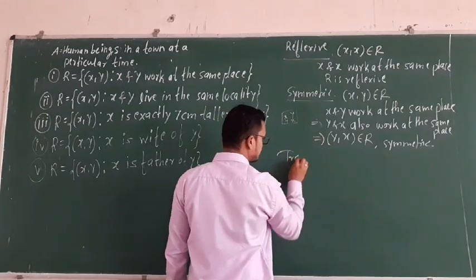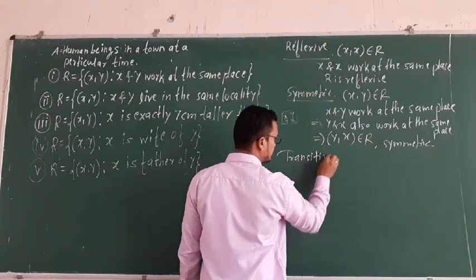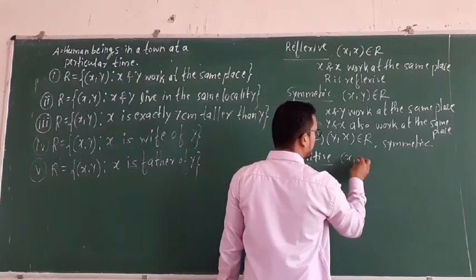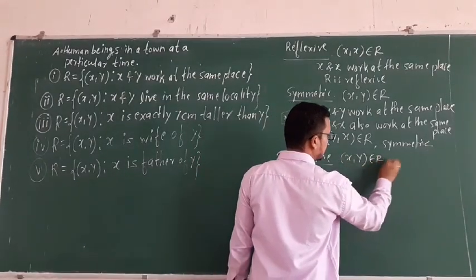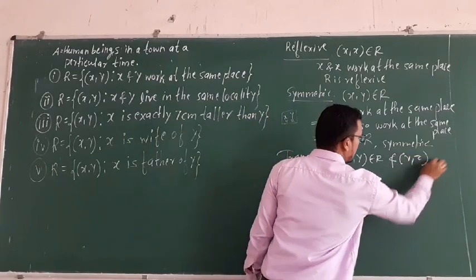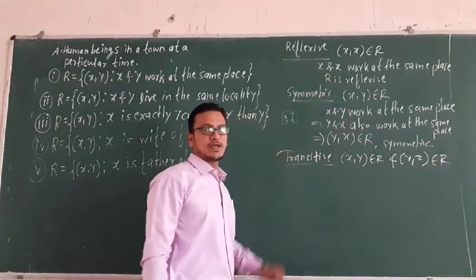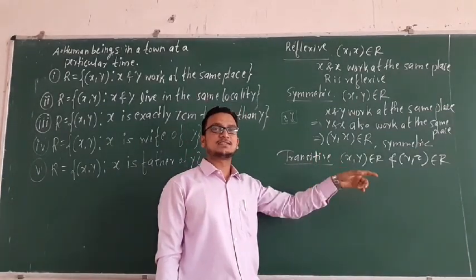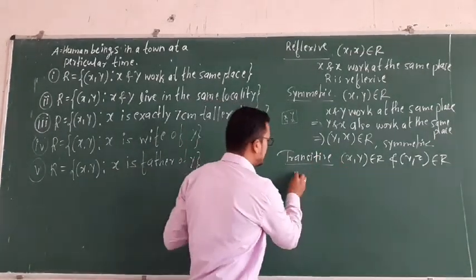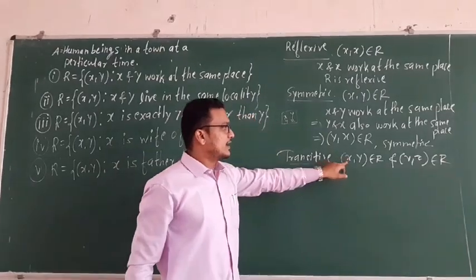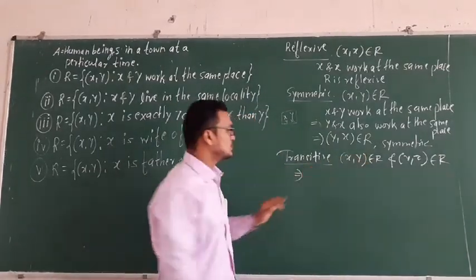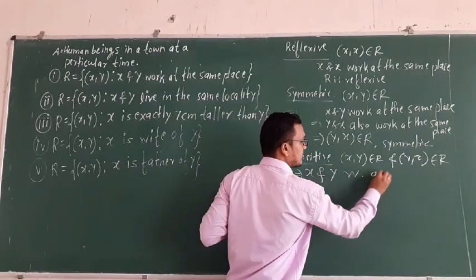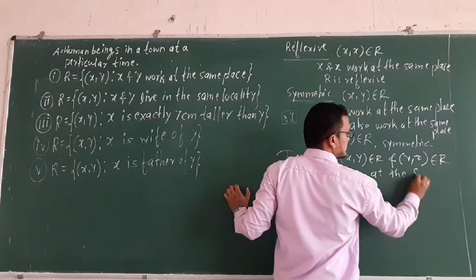Third one, transitive. For transitive, we require two ordered pairs: (x, y) belongs to R and (y, z) belongs to R. Now we have to check whether it implies (x, z) belongs to R or not. So (x, y) belongs to R means x and y work at the same place.